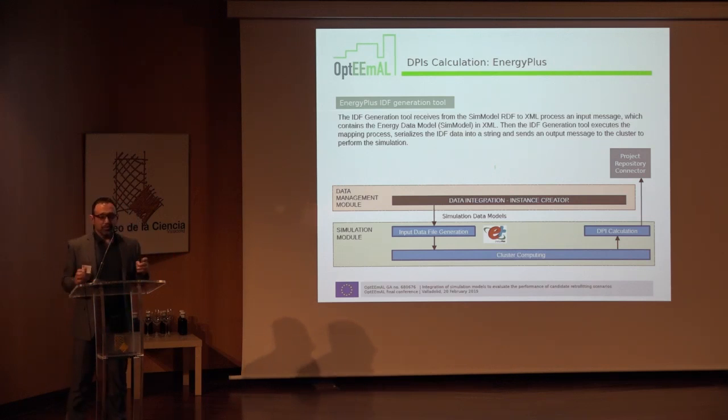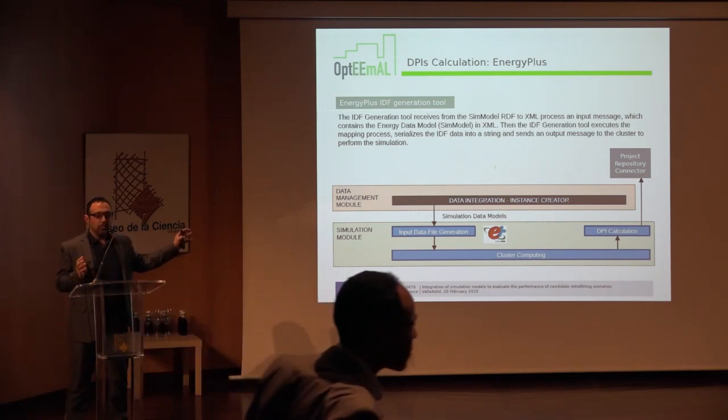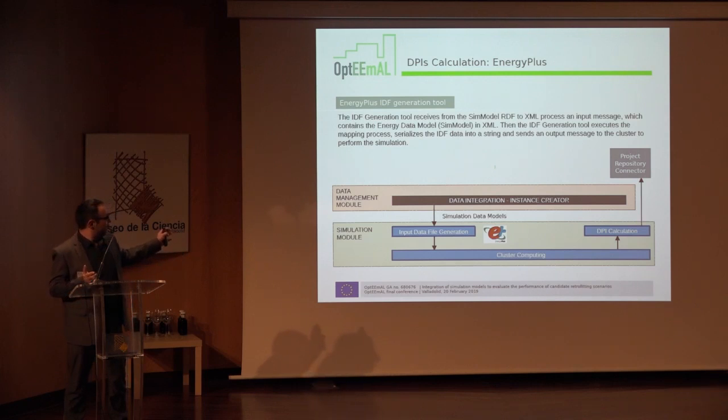Okay, so for every simulation, we need an input data file, an Energy Plus input data file to be generated, which is the file that is required for Energy Plus simulations. And this is fed into a cluster of computing resources, and executed.